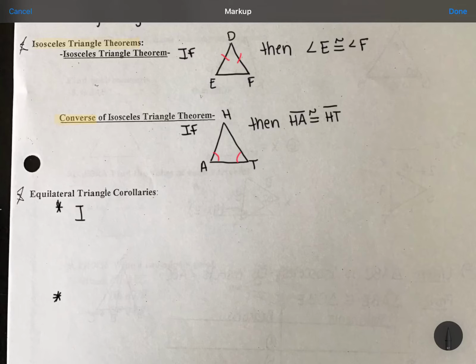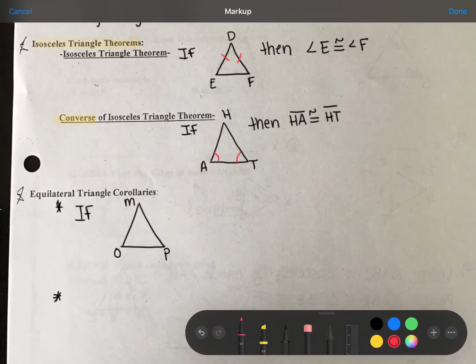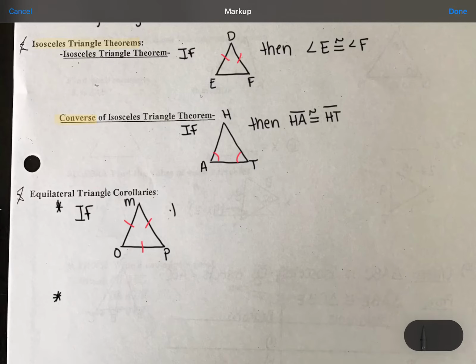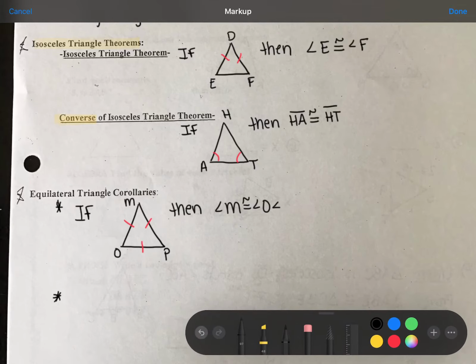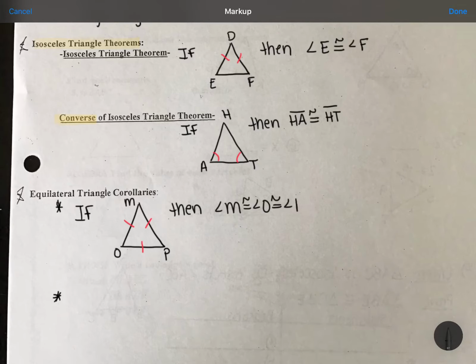The first one says, if you have an equilateral triangle, I will call MOP, really creative there, and I know that the sides are all equal because it's an equilateral triangle, and we know that all the sides are equal in an equilateral triangle, then I can conclude that angle M is congruent to angle O, which is congruent to angle P. So if the sides are all congruent, then we can say the angles are all congruent to each other. And we talked about that already. An equilateral triangle is also known as an equiangular triangle.